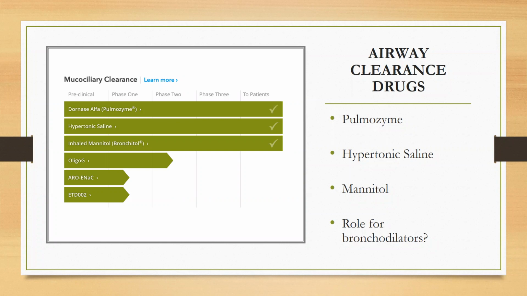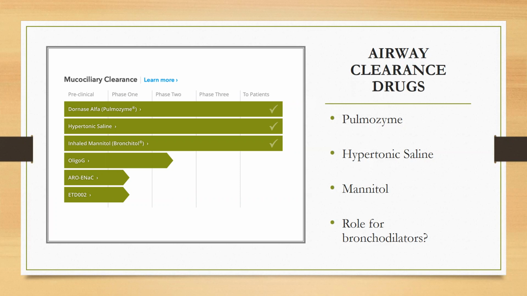Now, what about the role for bronchodilators? The thought is if we're going to use bronchodilators, you use it prior to your nebulized antibiotics, which we'll talk about. But there haven't been many clear studies that showed a very strong improvement just based on bronchodilators alone. What was also found is that gradually in childhood, patients do respond to bronchodilator therapy, but as they grow older, there's so much lung destruction already that they become less responsive to bronchodilators.